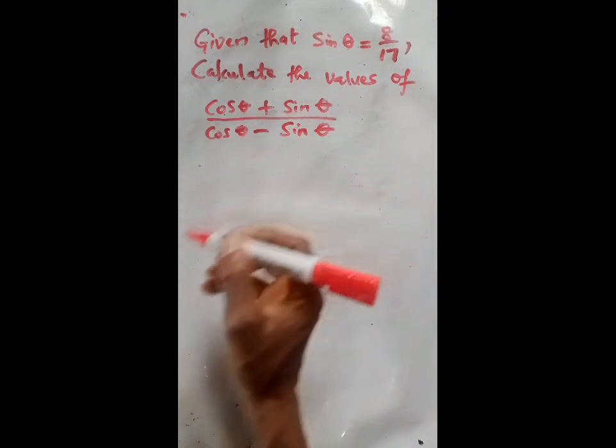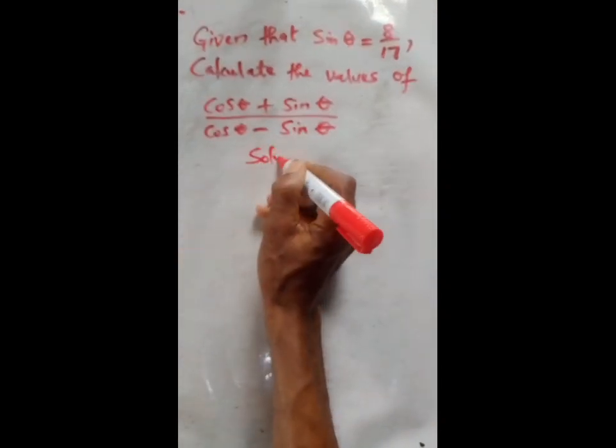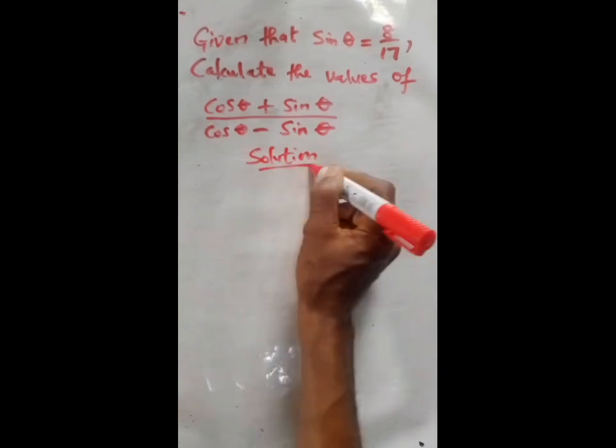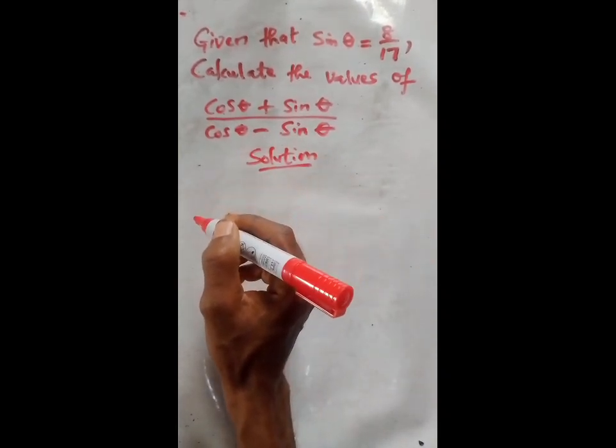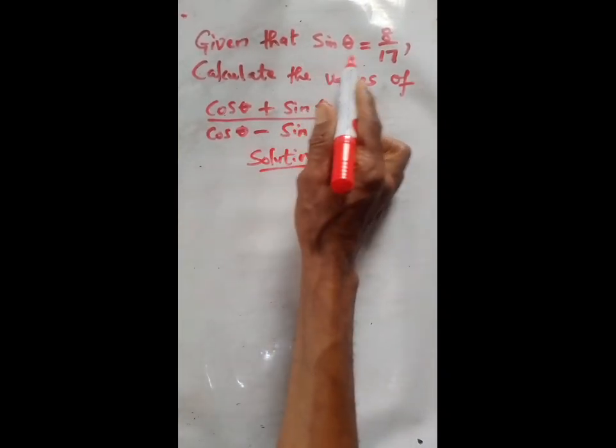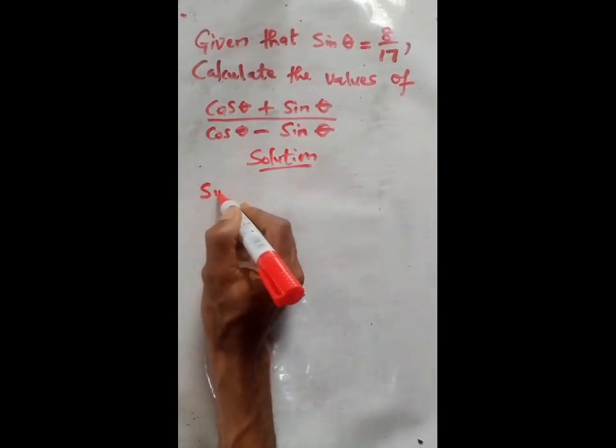Okay, solution. Let me solve this question. From the question, we are given sine theta as 8 over 17.